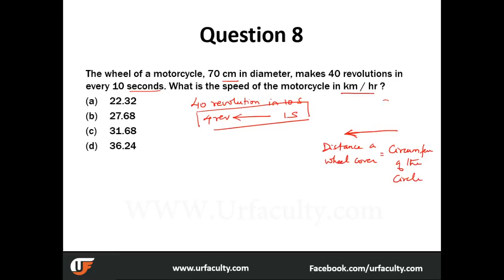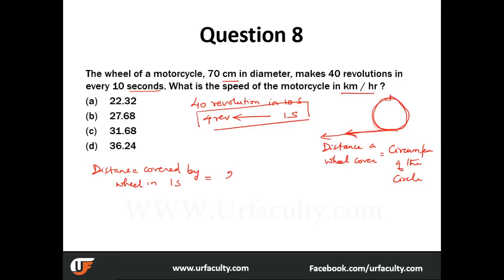So if there's a wheel and it makes a complete revolution by moving from this end to this end, this is the total distance that it covers on the land as well. So what we can safely do is distance covered by wheel in 1 second.